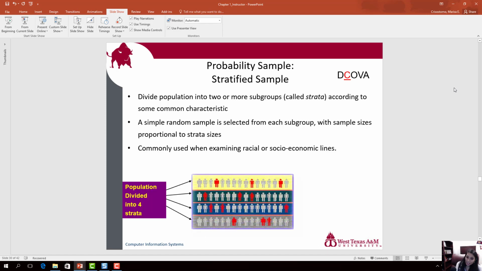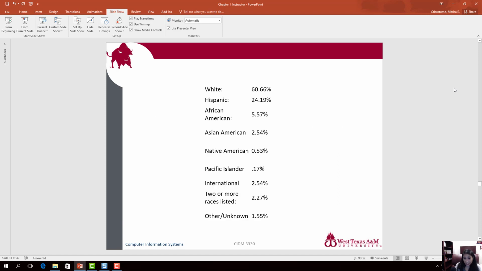A stratified sample is really used when you want to make sure that there are individuals from certain populations that are chosen. So, moving on to the next slide, this is the racial and ethnic makeup of WT.